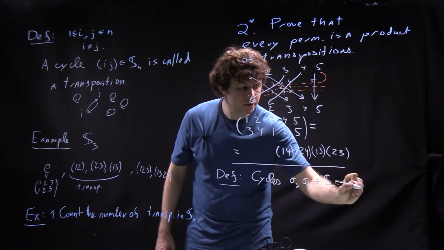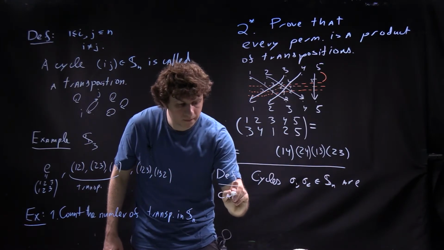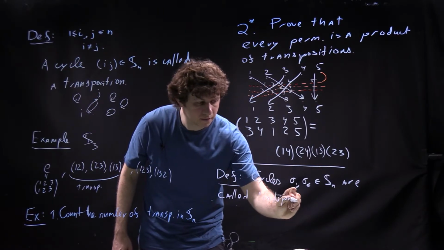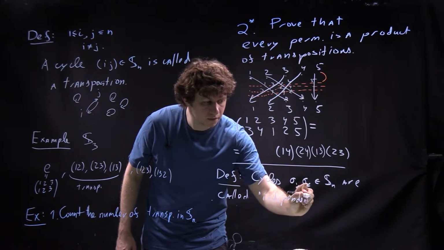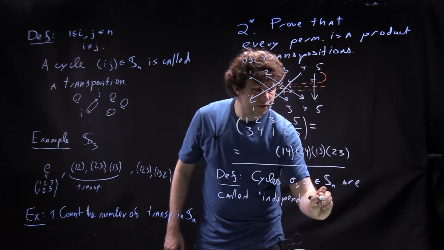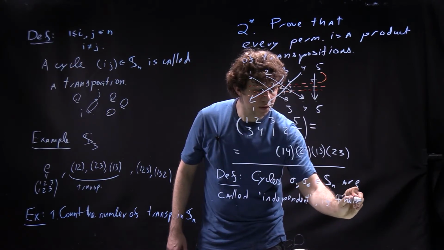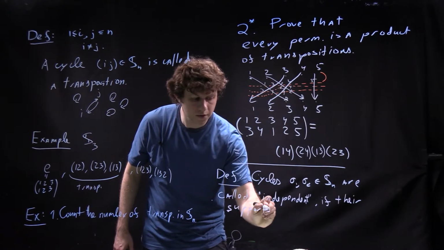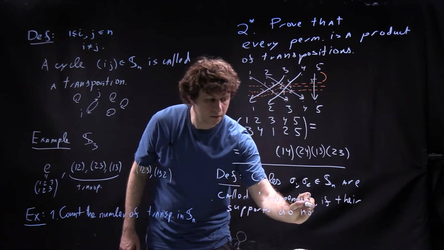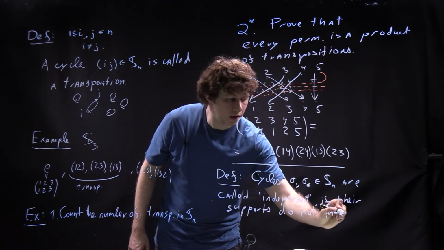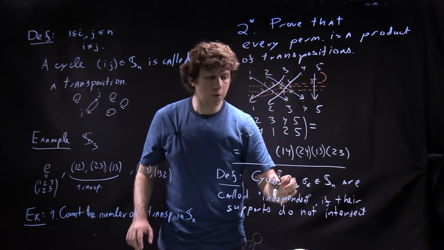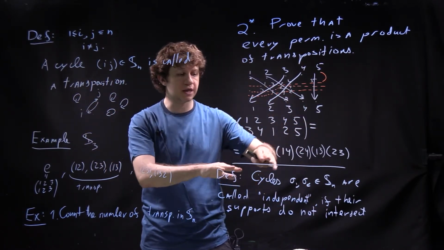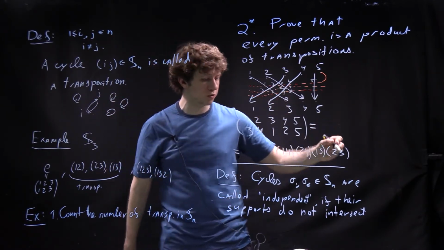They are called independent if their supports don't intersect. So basically, when I apply sigma 1, I apply it to one set of elements, sigma 2 to another set of elements, and these sets don't intersect at all.